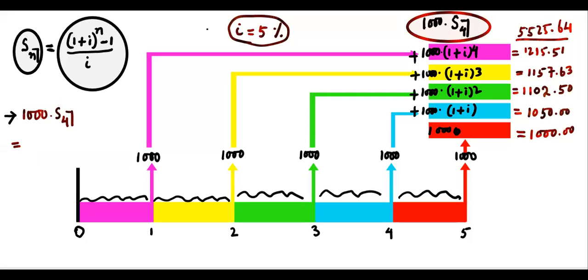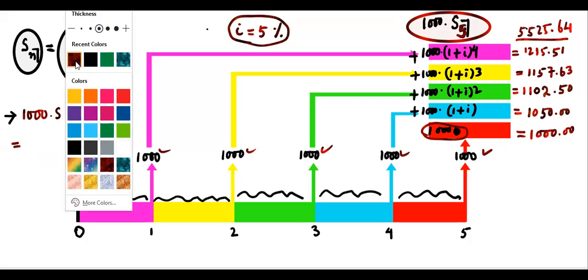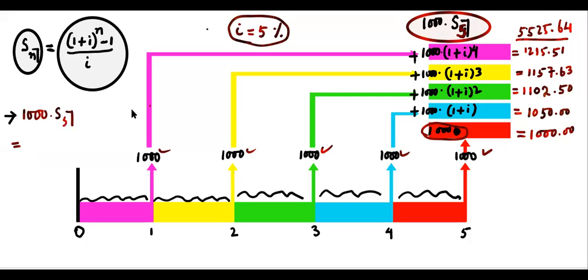Sorry, I left this one. So we have 5 payments: 1, 2, 3, 4, 5. You have to count this way. So we have to make it 5,000 as 5. I can write it properly. As 5, I will apply the formula.